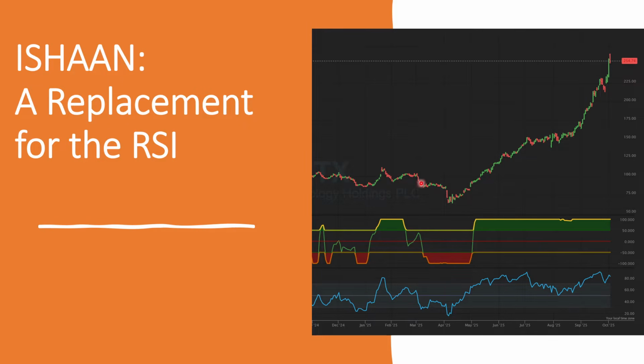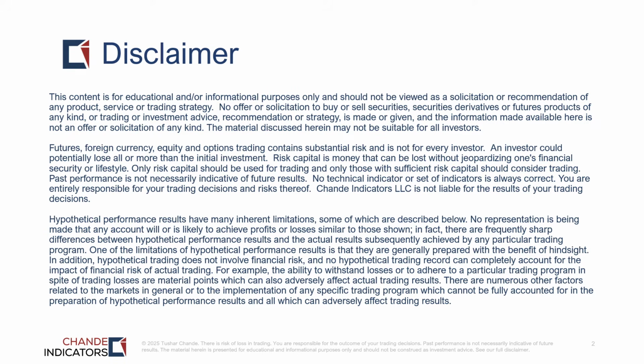And then during this downtrend, it was reluctant to go below 30. So the RSI needs an alternative, needs replacement, and I believe the Ishaan oscillator can be a significant improvement on the RSI. A gentle reminder, past performance is not necessarily indicative of future results.